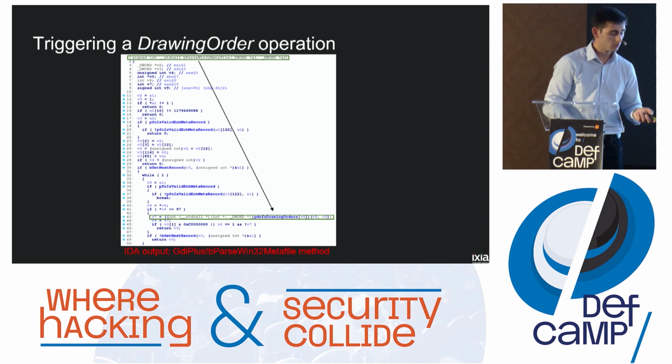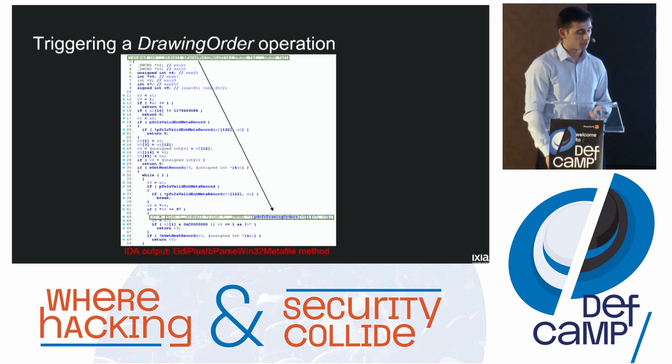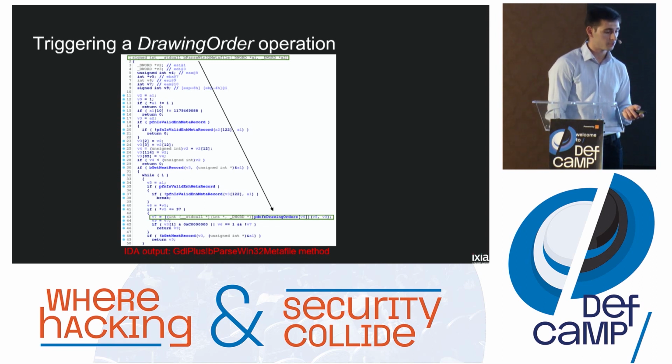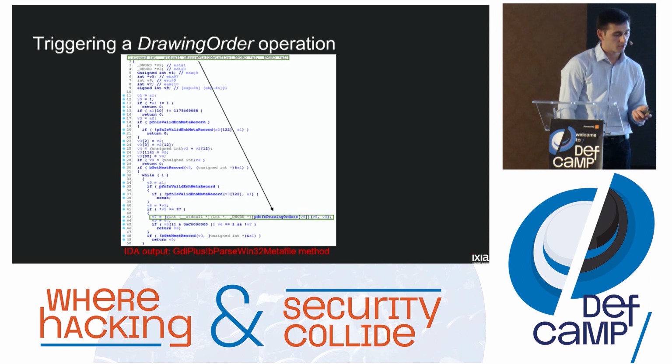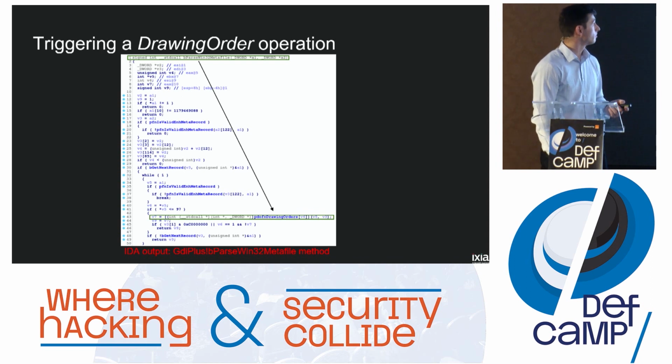Okay. If we inspect the DLL, we can see that the drawing order operation is going to happen if this method is called, bparse win32 meta file. Still not working.